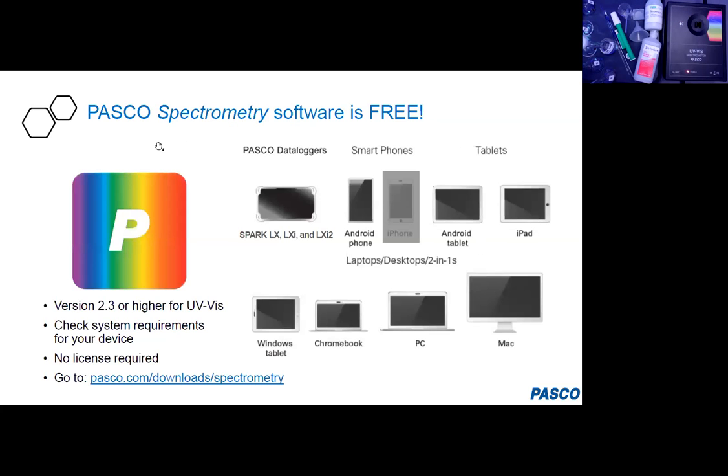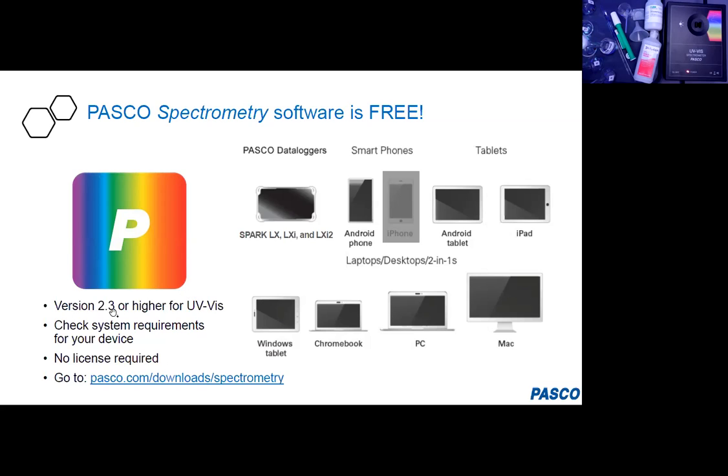As I mentioned before, PASCO spectrometry software is free. The software itself does work on many more devices. You'll see that Android phones and Android tablets are included in the devices that are compatible with the software, but specifically the UV-Vis spectrometer does only have compatibility with your PC, Mac, or the Spark, PASCO's data logger, Spark LXI and LXI2.